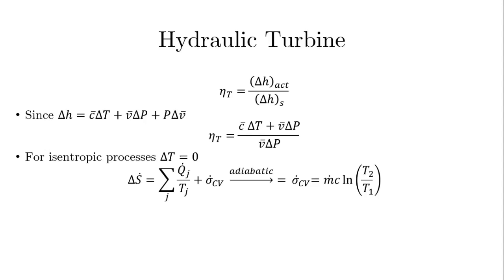Since this is adiabatic, because isentropic, the entropy generation is equal to delta S, and that means the entropy generation is proportional to ln of T2 over T1, which means the only way for this to occur is when T2 must be bigger than T1, because otherwise it would make the entropy generation term negative, which is impossible. So delta T has got to be greater than 0.